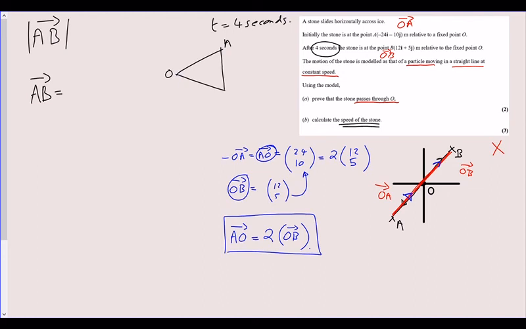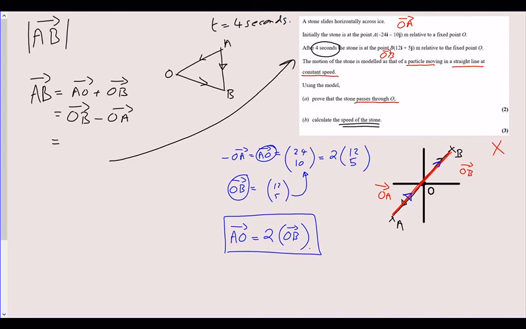So this is my common point O there, and this is the vector B. I want to find AB, so we can see it's going to be equal to AO plus OB, which we can write as OB minus OA. And now I can substitute in those vectors there.